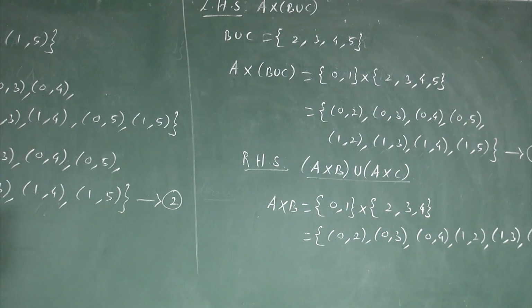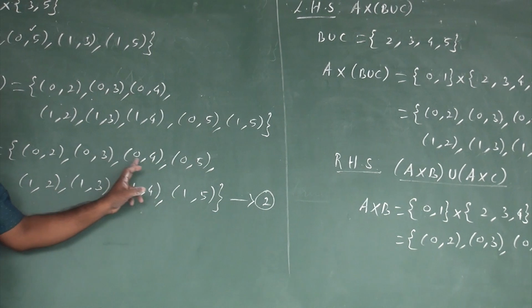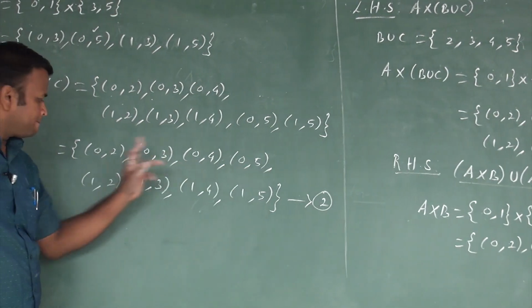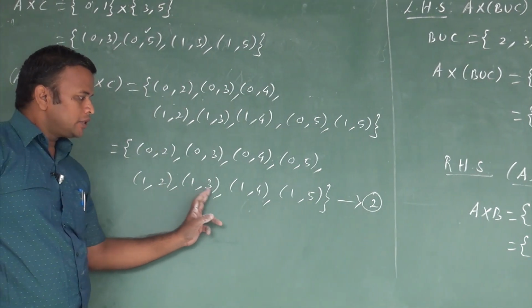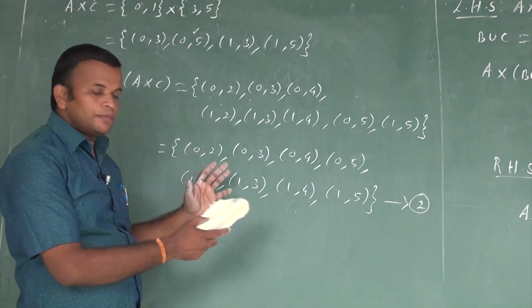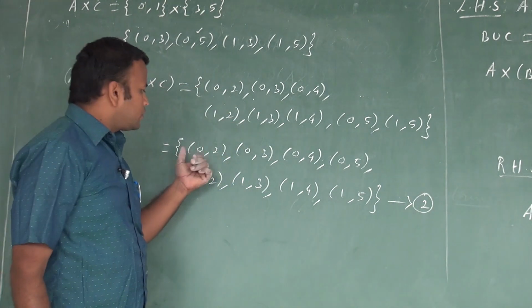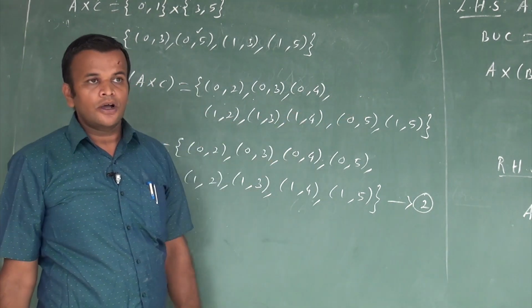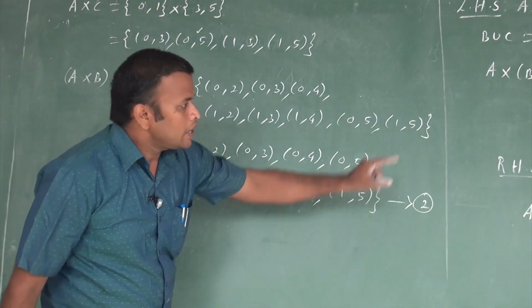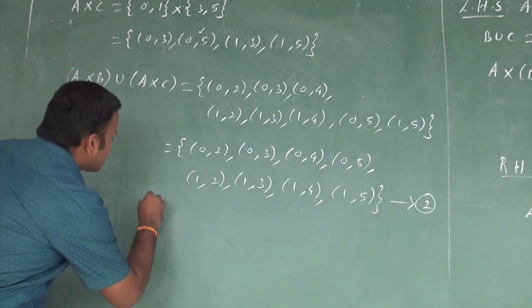Now we check in 2: it is also 0 comma 2, 0 comma 3, 0 comma 4, 0 comma 5, 1 comma 2, 1 comma 3, 1 comma 4, 1 comma 5. All the ordered pairs are the same and equal in number. Here it starts from 0 comma 2 and ends at 1 comma 5, and there also it starts from 0 comma 2 and ends at 1 comma 5.